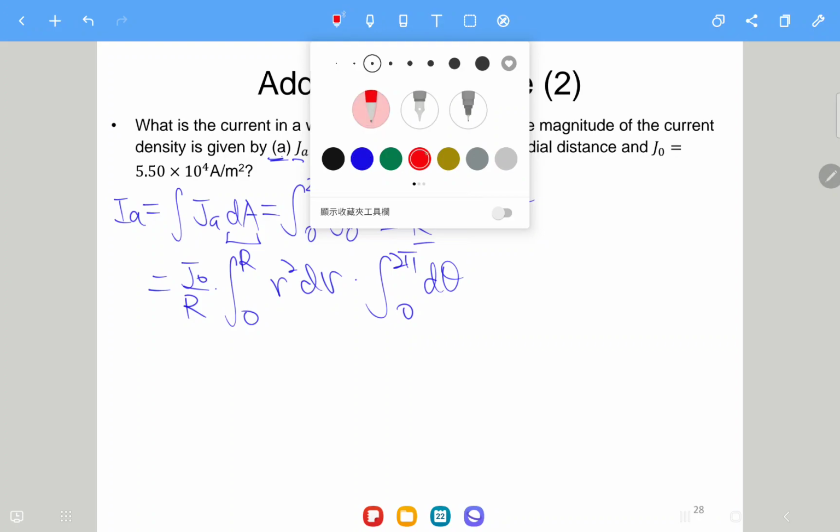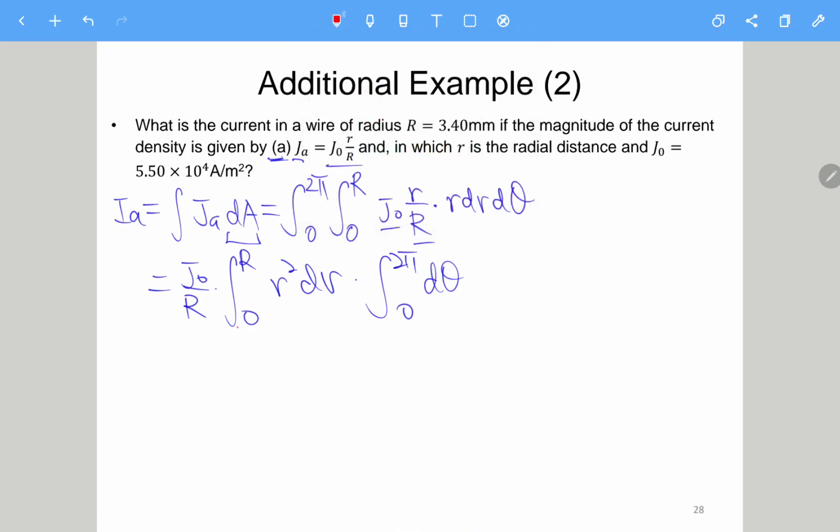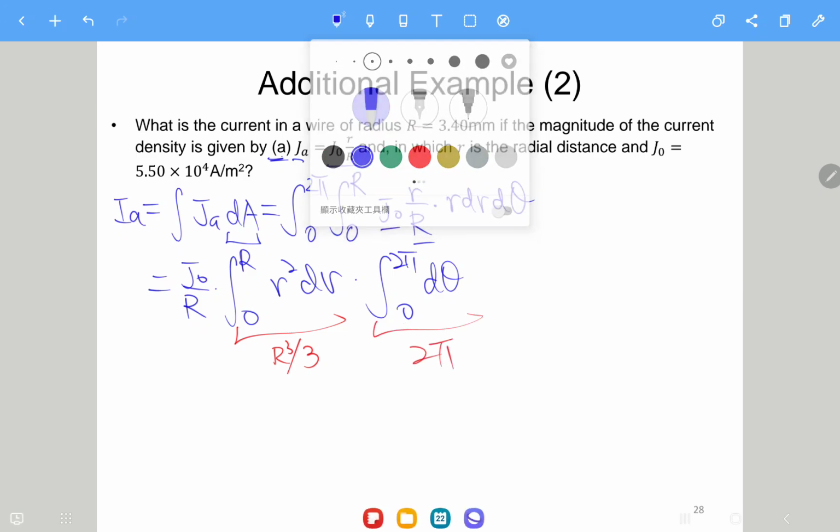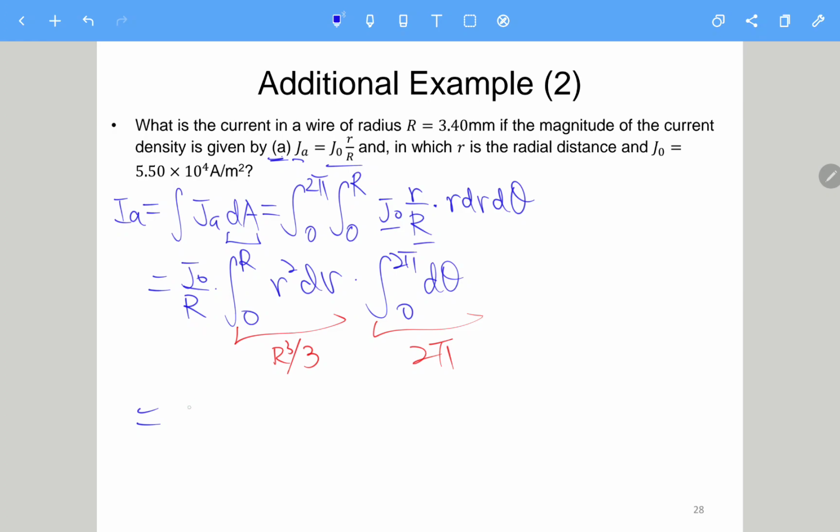So in this case, this is R cubed over 3, and this is 2 pi. So this is J0 R squared over 3 times 2 pi, or you can rewrite it as 2 J0 R squared pi over 3.